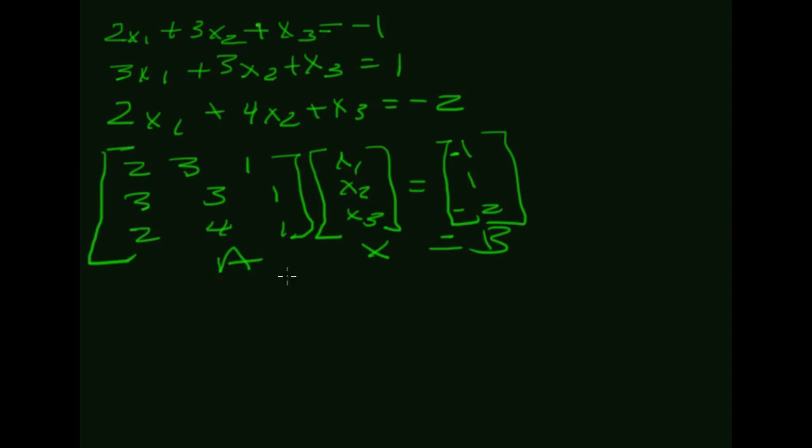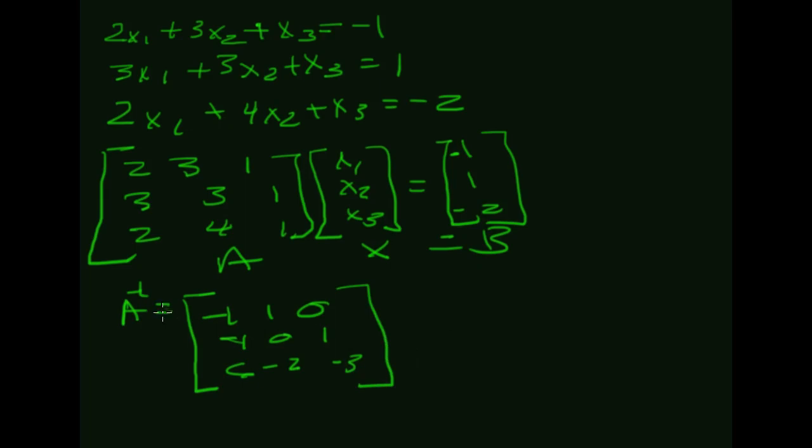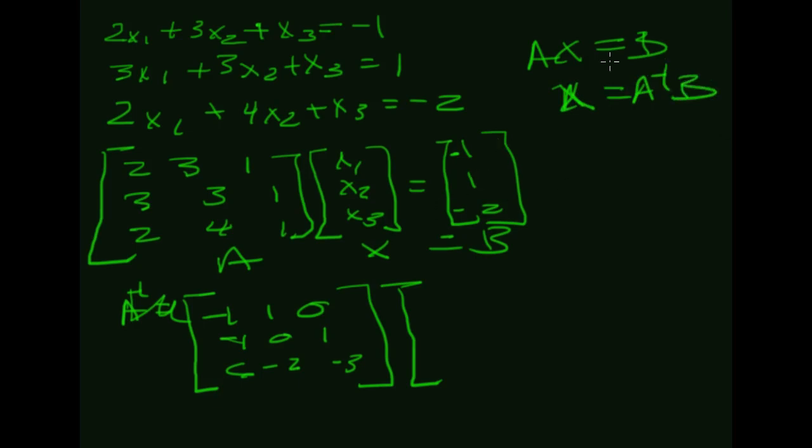And if A is invertible, which in this case it is, I can say that A inverse happens to equal -1, 1, 0, -1, 0, 1, 6, -2, -3. If I take that inverse and multiply it by b, because if Ax is equal to b, then x should equal A inverse b, because I take A inverse of both sides here.